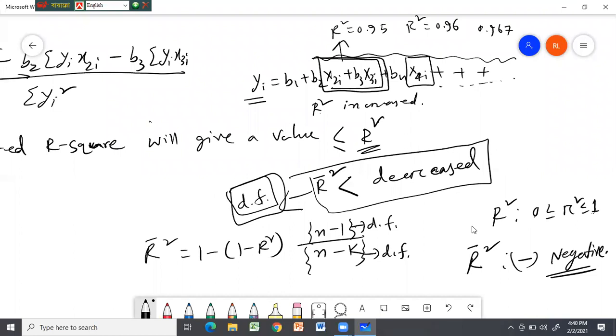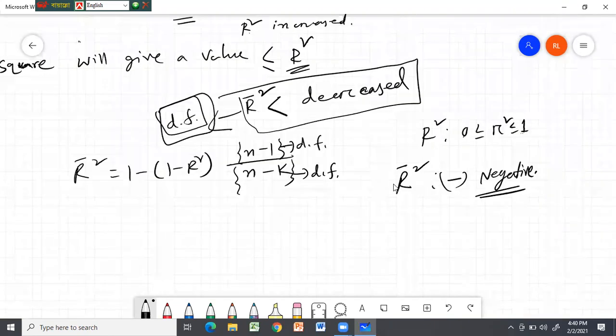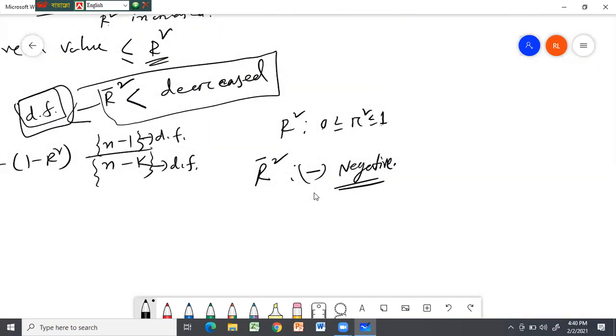Adjusted R square valueটা নেগেটিভ হতে পারে। আমার কথা বুঝতে পারছেন? শুনতে খুব অদ্ভুত লাগতেছে যে adjusted R square, it's a square, how can it become negative? হ্যাঁ, it can become negative when your regression model is completely or very closely inappropriate to your population regression function.